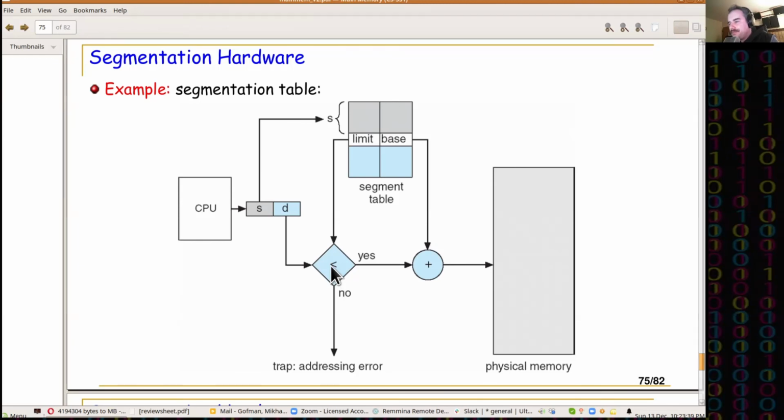Otherwise, if the offset is less than the limit, we're going to convert the virtual address into physical by taking the base, which once again is the physical address where the segment begins in physical memory, and to it we add the offset. And that gives us the physical memory address that we're going to be accessing.